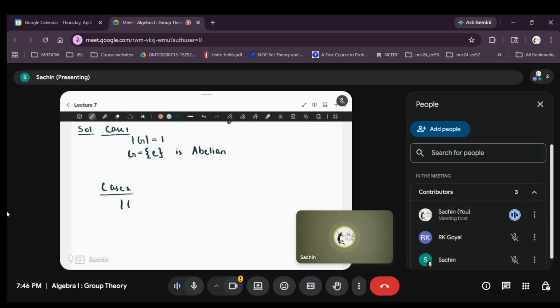Case 2, when the order is 2. What is the group?